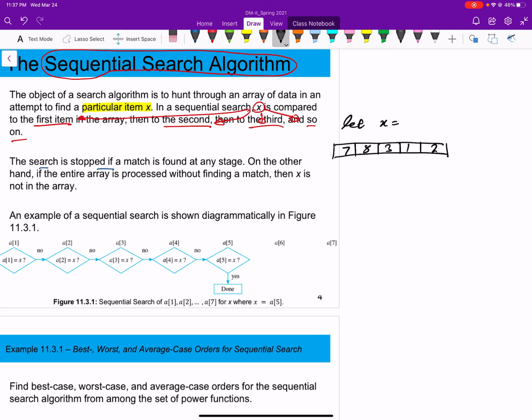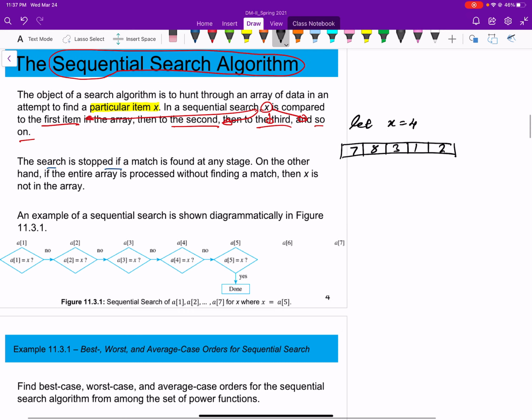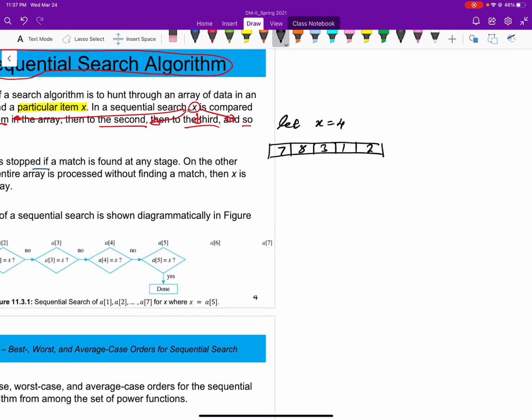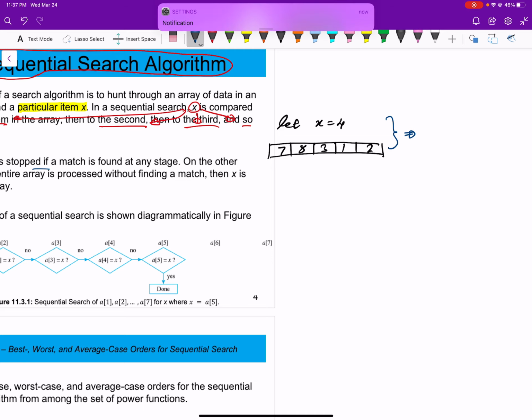Let x equal 4. Then what will happen is it will pass a null, an empty set for the search, because you don't find x equals 4 in this list. So whatever is passed here should be a null.